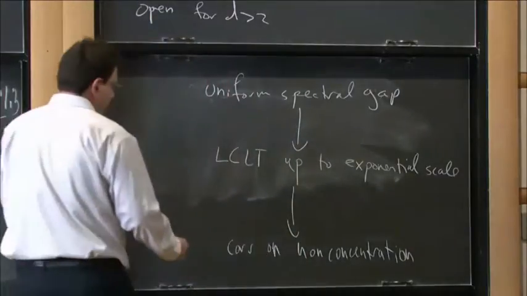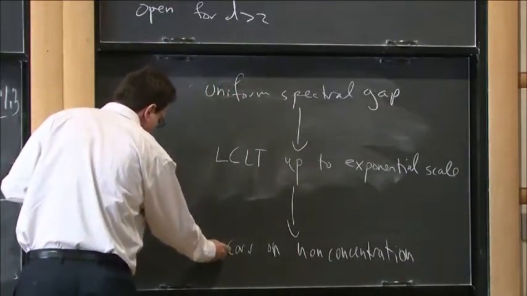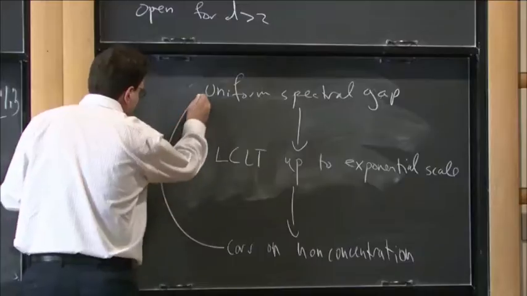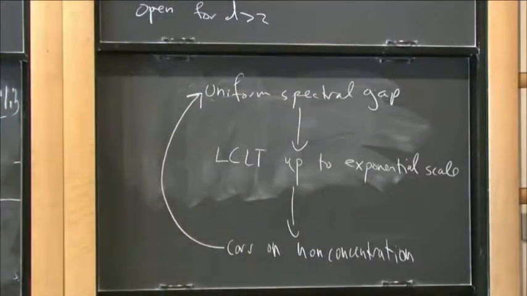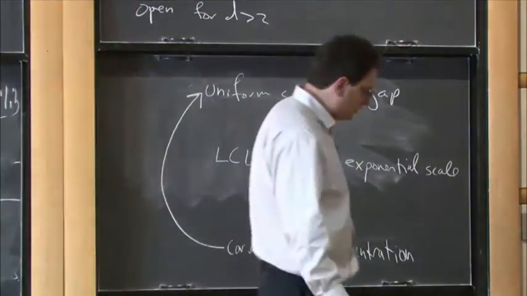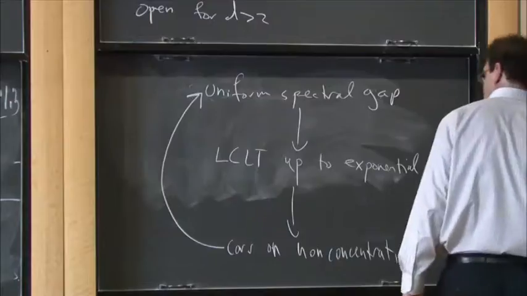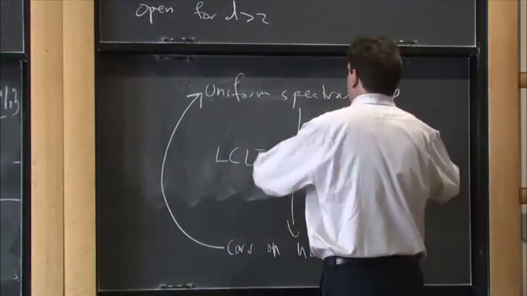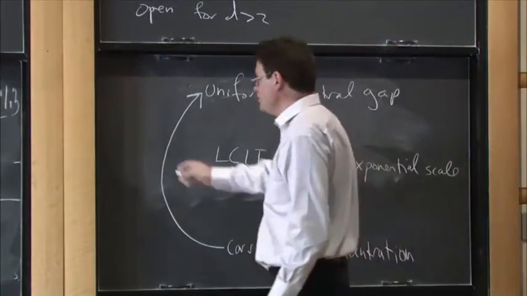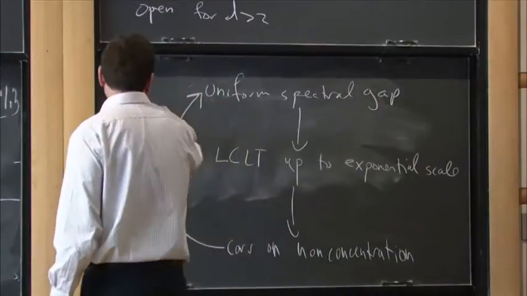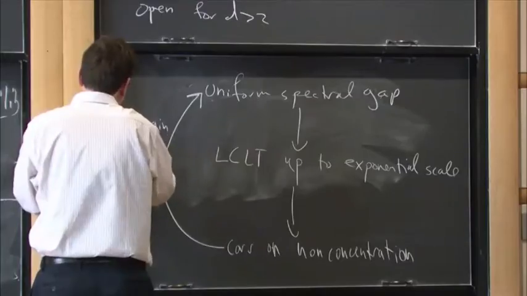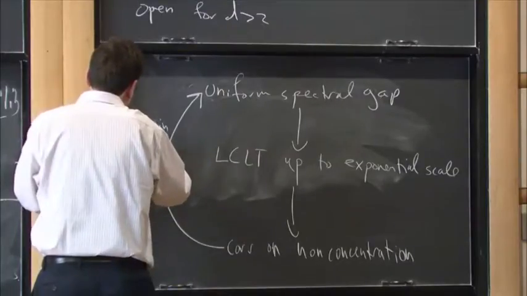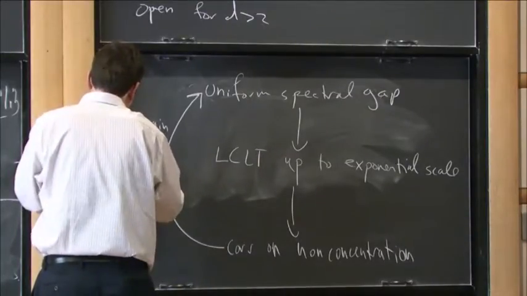And that's basically the beautiful machine that Bourgain and Gamburd built, a way to pass from this type of non-concentration to a spectral gap estimate. So going from here to here basically used the Bourgain-Gamburd machine, or Bourgain-Gamburd bootstrapping argument.